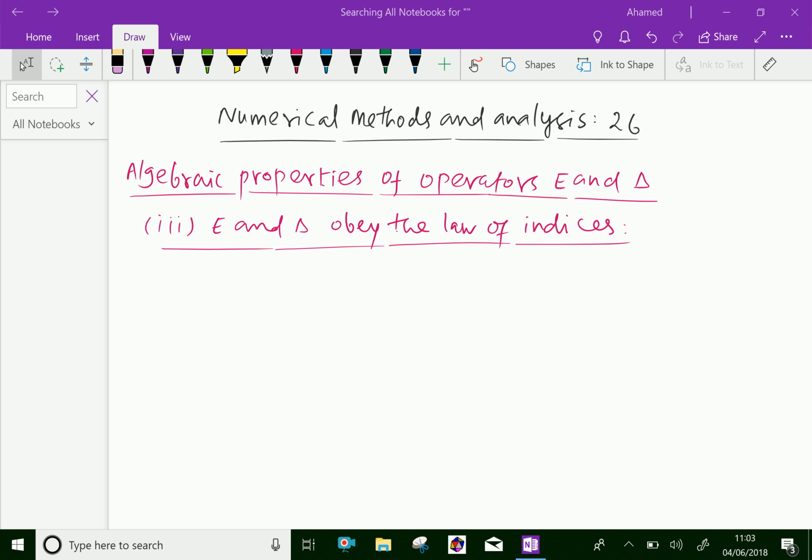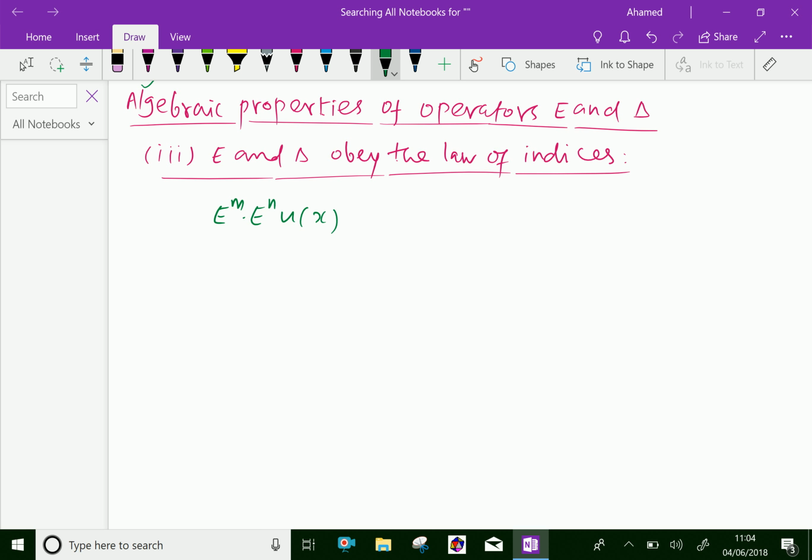That means E^m E^n u(x) = E^(m+n) u(x), and Δ^m Δ^n u(x) = Δ^(m+n) u(x). Now let us prove it.